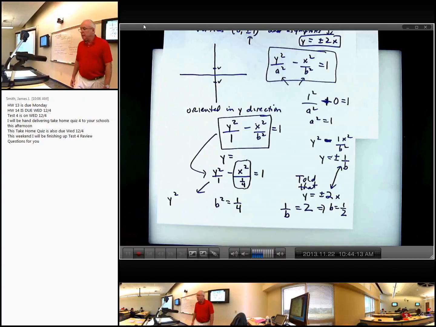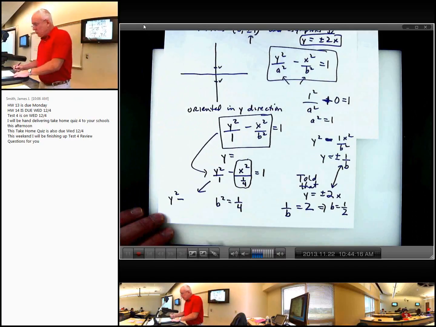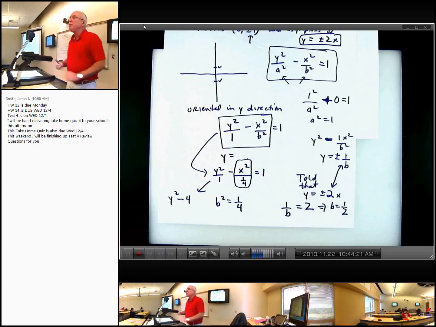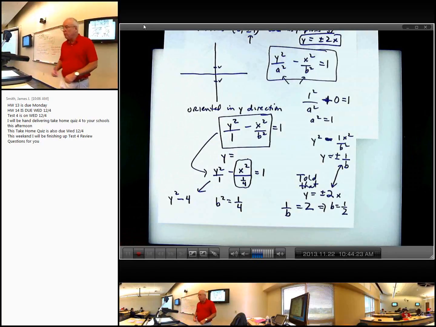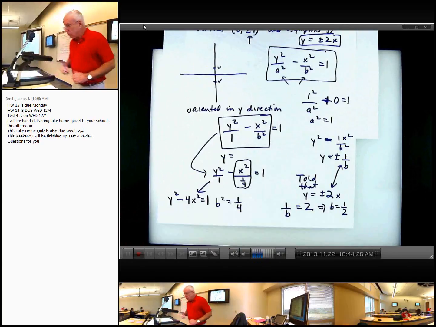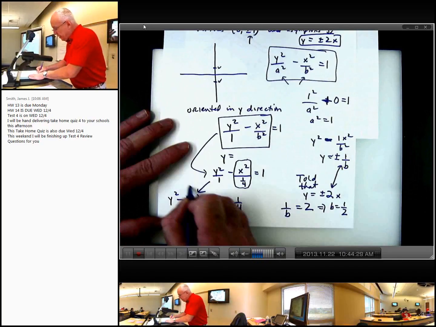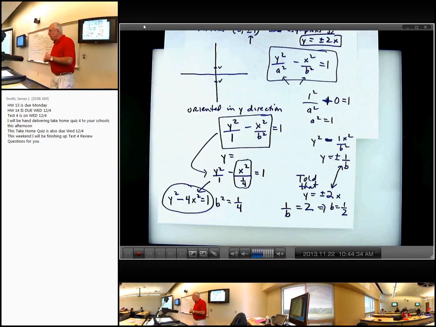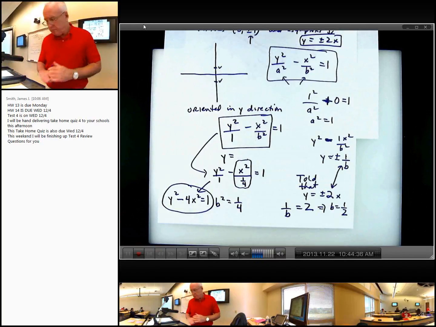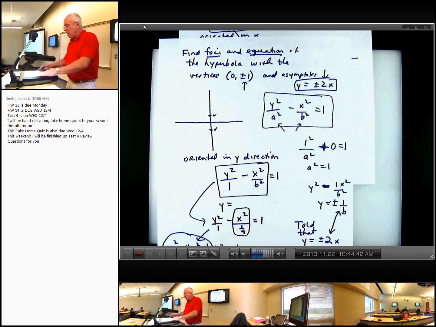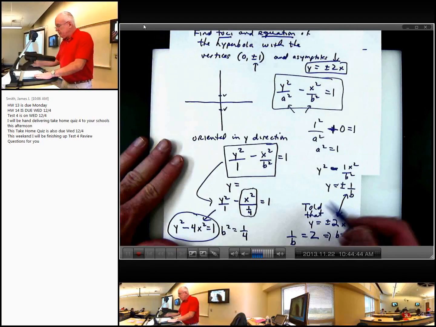We don't need that. y squared minus, and then dividing by 1/4 is the same as multiplying in front by the 4. y squared minus 4x squared is equal to 1. And this would be the best way to write your answer for your equation. It looks better. So there can be various ways of obtaining this given the information.